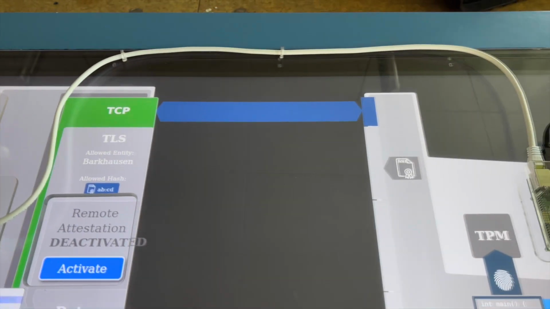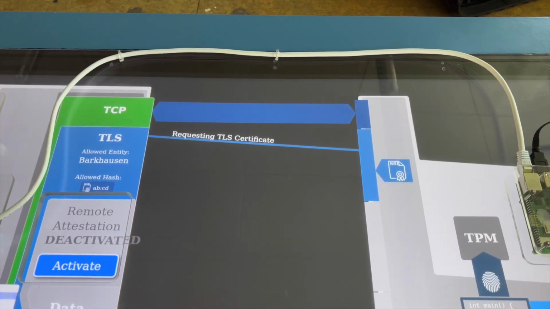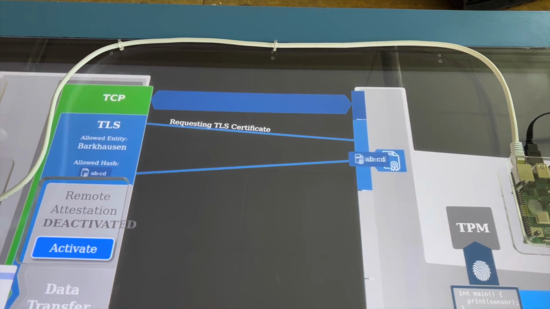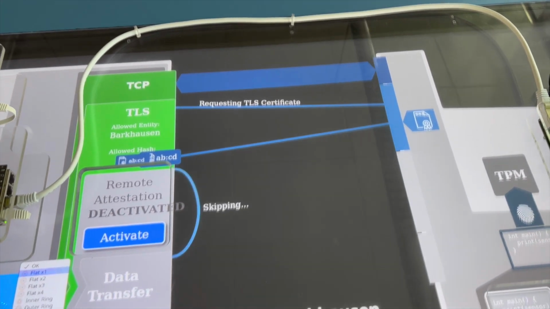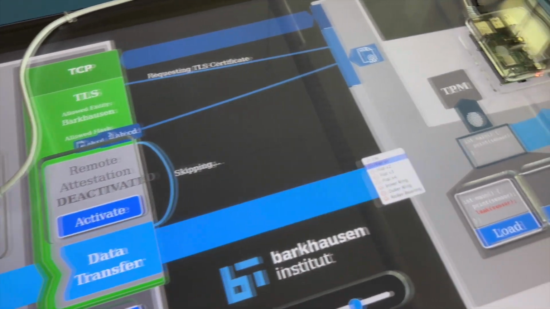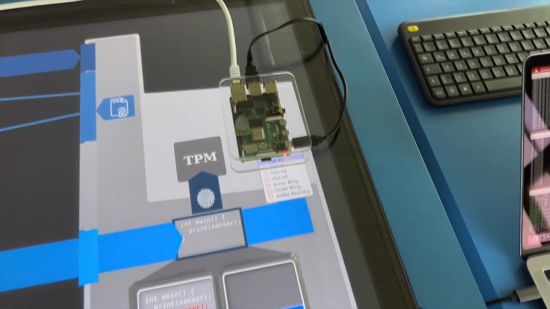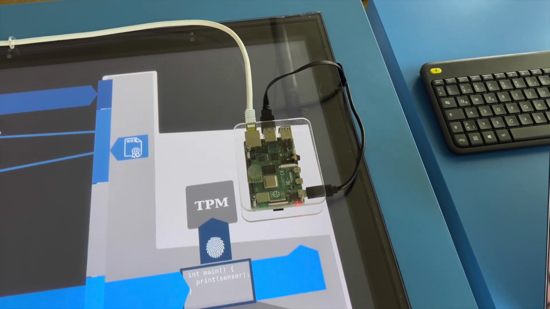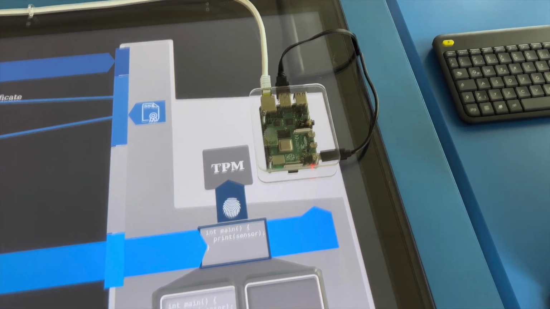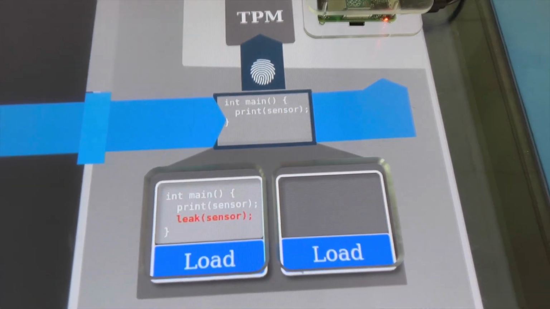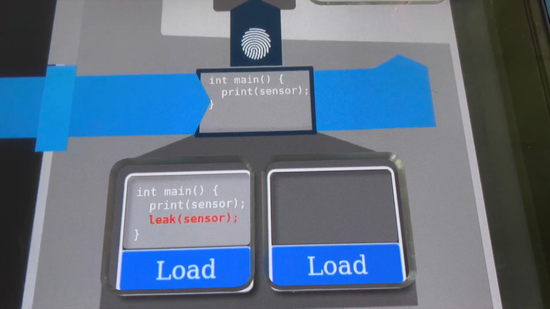The state of the art is that this is happening using the transport layer security protocol, which is based on certificates. There's an authentication step involved, and this is used to determine if the correct endpoint is receiving the data. But there's no guarantee about the software that is actually in control of this device.